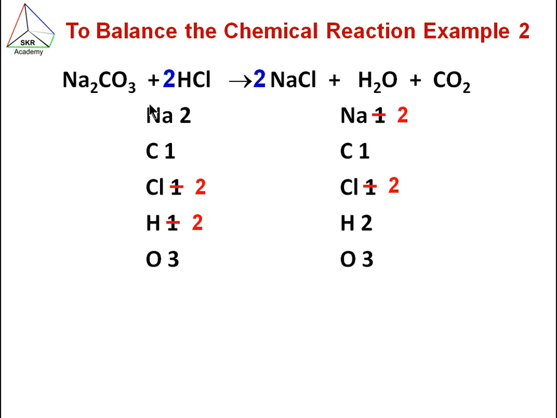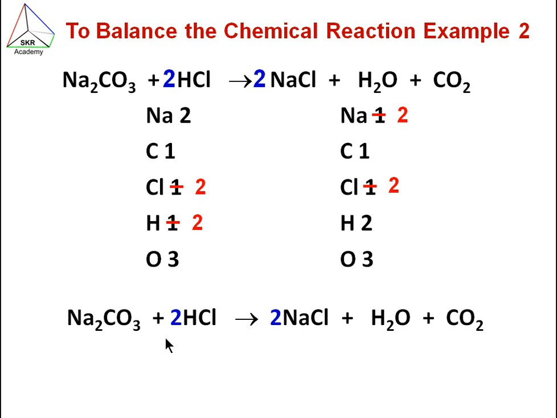So you can see we added only 2 coefficients in front of hydrochloric acid and sodium chloride, and this reaction became balanced. So our balanced reaction will be: sodium carbonate will react with 2 molecules of hydrochloric acid and will produce 2 molecules of sodium chloride, 1 molecule of water and 1 molecule of carbon dioxide. So this is our balanced reaction.